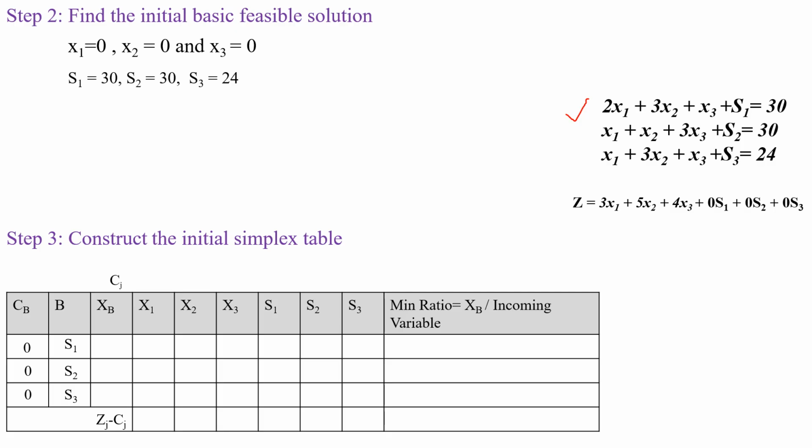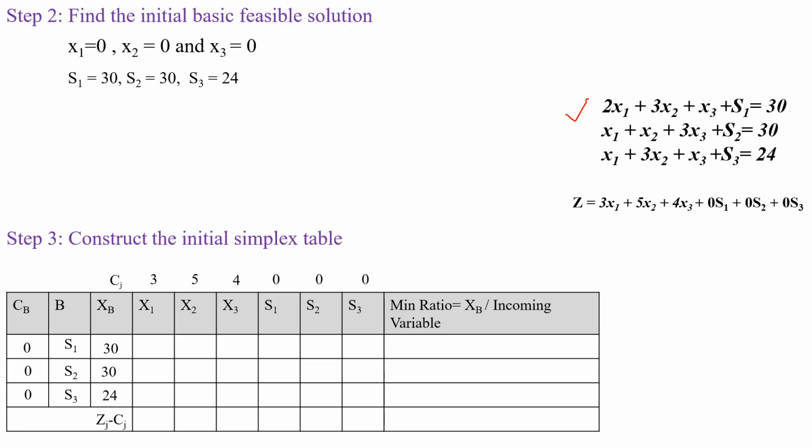Next, XB is the basic feasible solution for the respective variables. So substitute s1 equal to 30, s2 equal to 30 and s3 equal to 24 in the XB column.